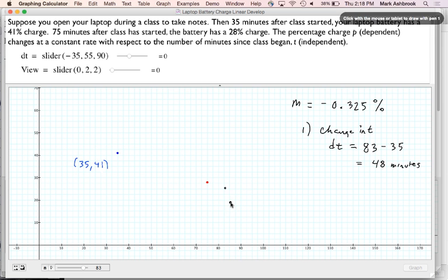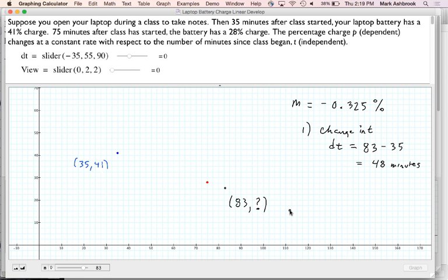So what's the goal here? The goal is 83 comma what? This is our goal. How much laptop battery power do I have at 83 minutes? Okay, first thing, change in t. How can I represent that change in t now?